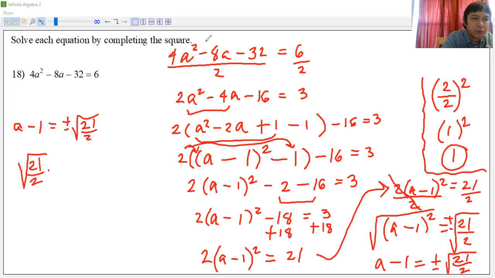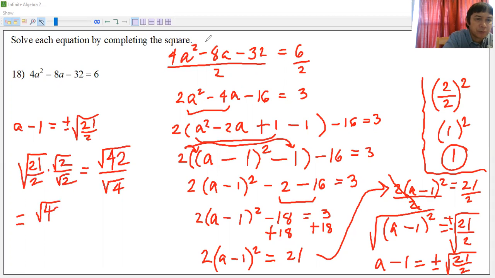We can do a multiplication here by square root of 2 over square root of 2, which will make this square root of 42 over square root of 4. Okay, like that. And so this continues with square root of 42 over 2. There. That's the equivalent of square root of 21 over 2.